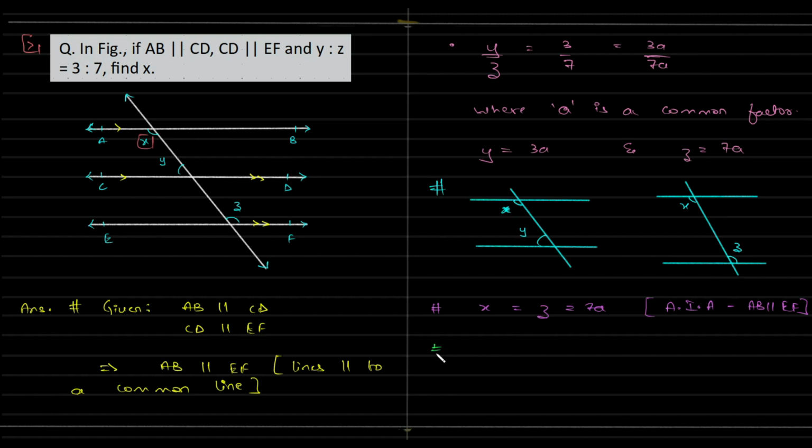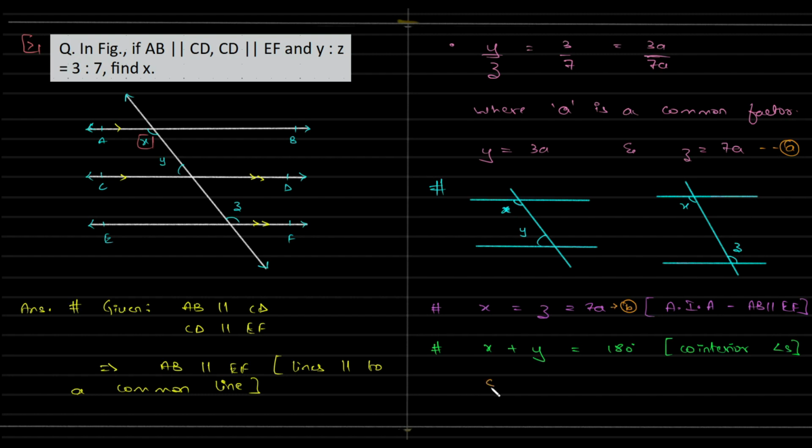Then we'll write X plus Y is equal to 180 degrees, co-interior or allied angles. So since X is equal to 7A, Y is equal to 3A, we can substitute those values. So from A, and we can call this B.